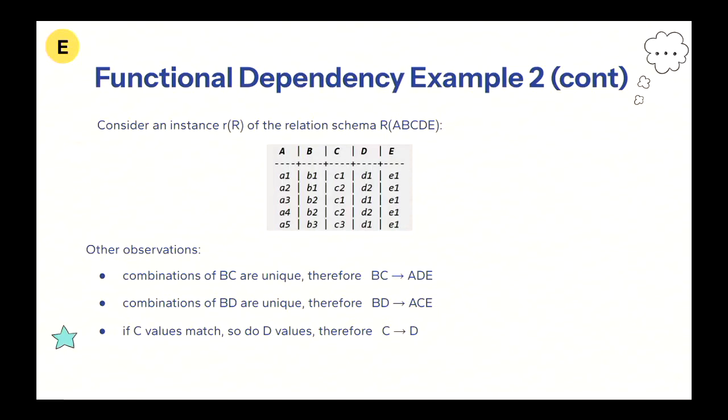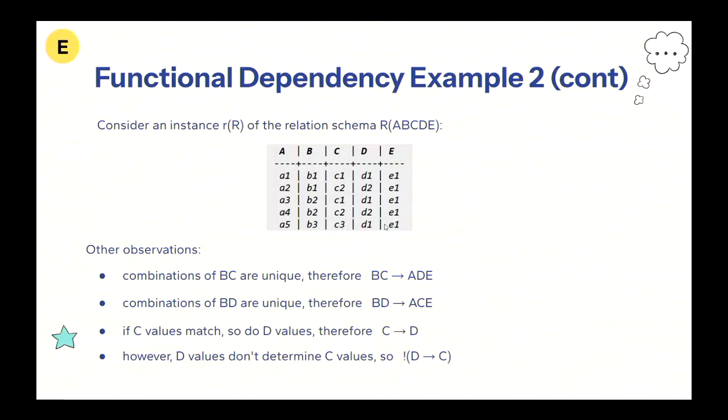No, I see some of you shaking your head. So why not? Can you give me a counterexample here? Yes. D cannot determine C in this case because the last row here is D1 mapping to C3, and the first row is D1, C1.